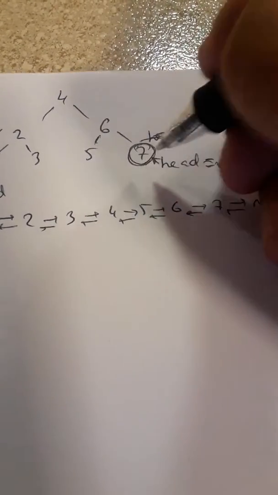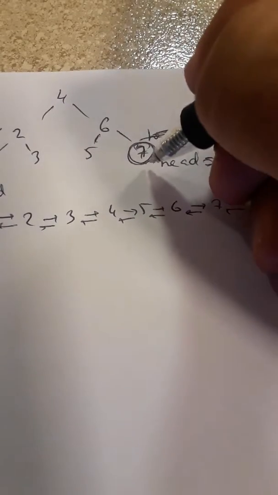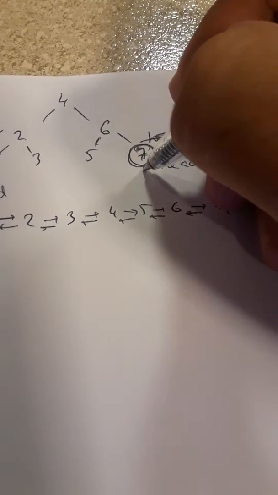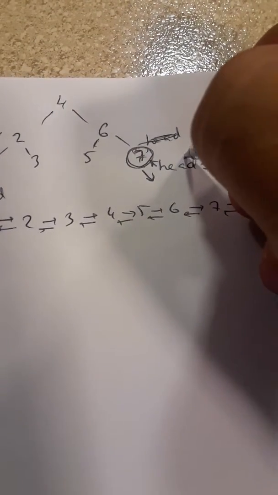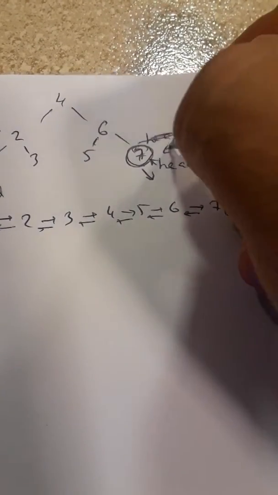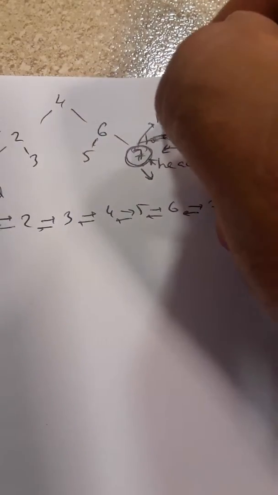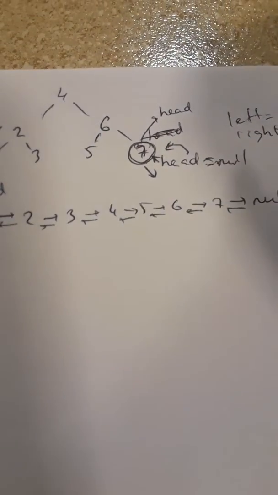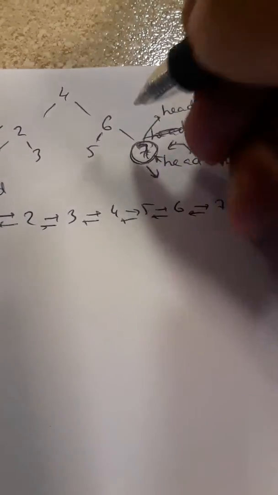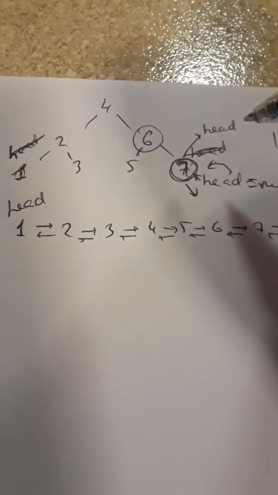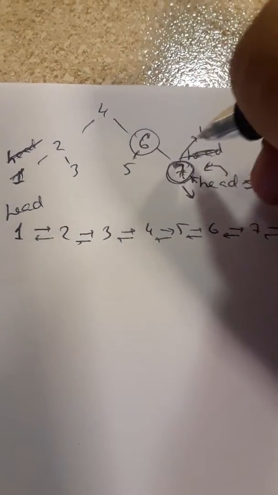Then also this node's right will be pointing to null. Then we will be moving our head to this node. So our head will become equal to this, pointing to this node. Then we'll come to this node. We will be doing the same.